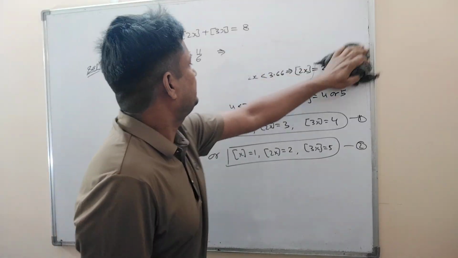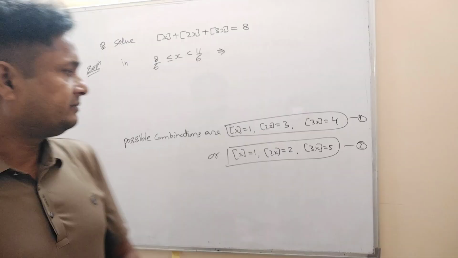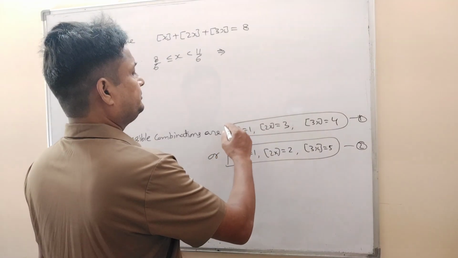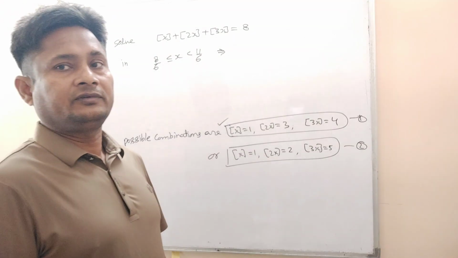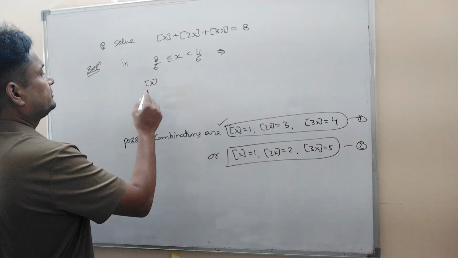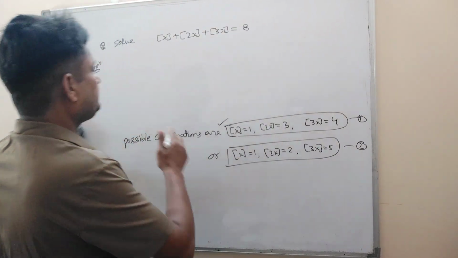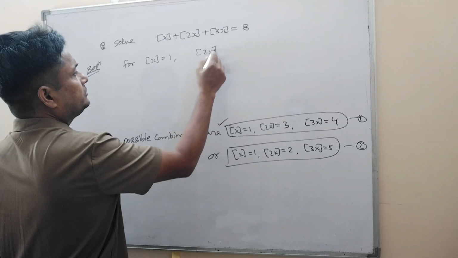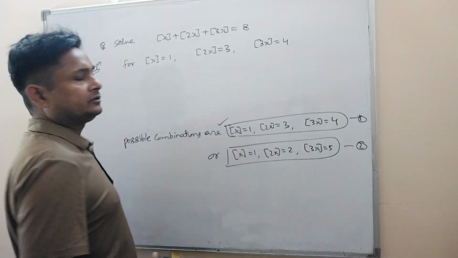Let's say we are finding for the first combination: greatest integer of x is equal to 1, greatest integer of 2x is equal to 3 and greatest integer of 3x is equal to 4.